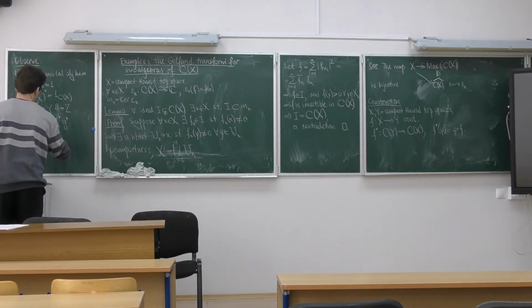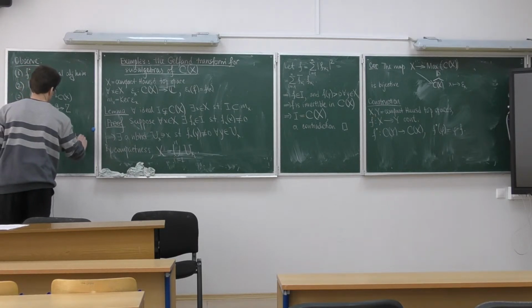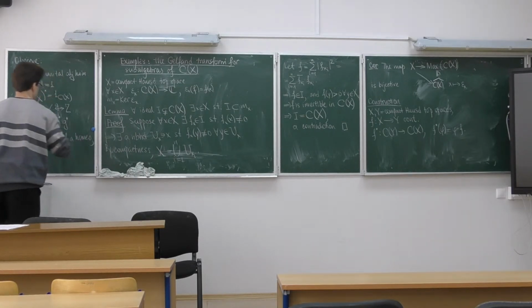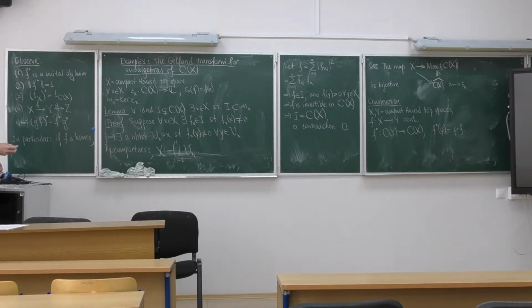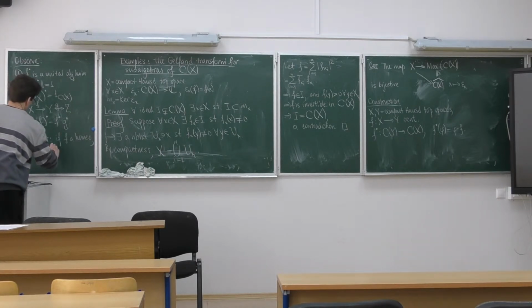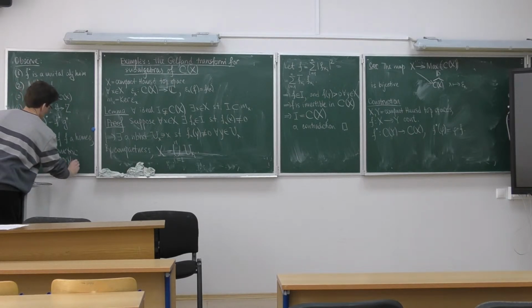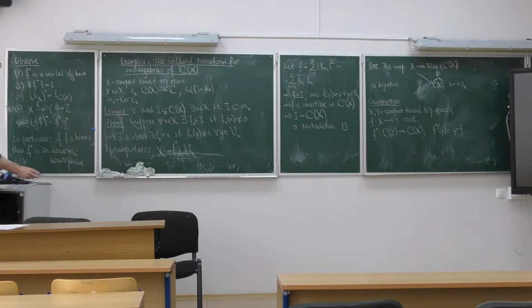if F is a homeomorphism, then F dot is an isometric isomorphism. Well, indeed, if F is a homeomorphism, then F dot is an algebra isomorphism because of properties 3 and 4.